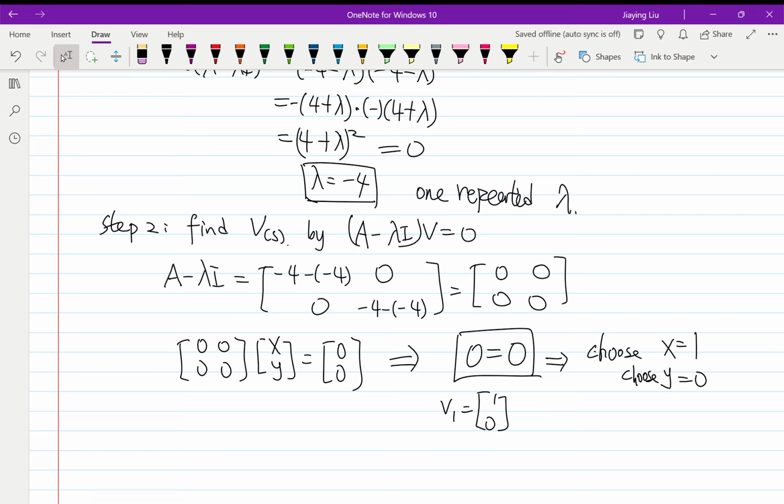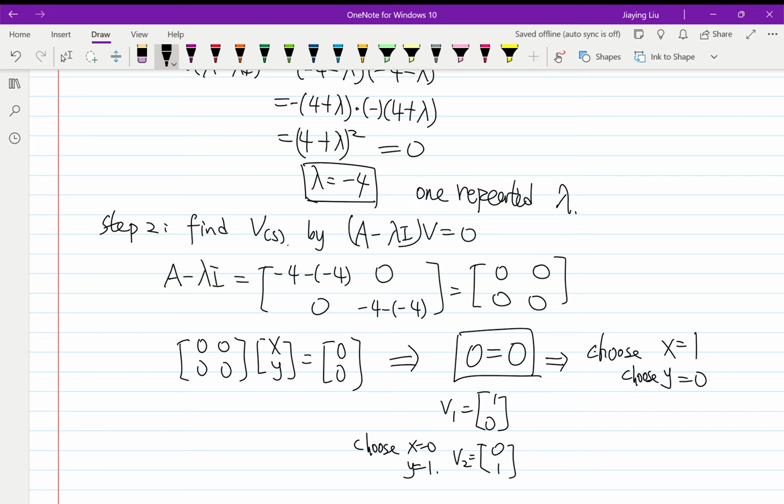Okay, so that's choosing x equals 1. But then you probably think, can we choose y to be 1 and x to be 0? Yes, we can do that. We can also choose x to be 0, y equals 1, and that will give us a different vector. Let's call it v2, (0, 1). It turns out that those two are the simplest linearly independent vectors we could have for two-dimensional systems.